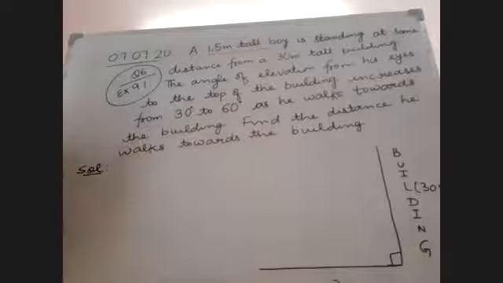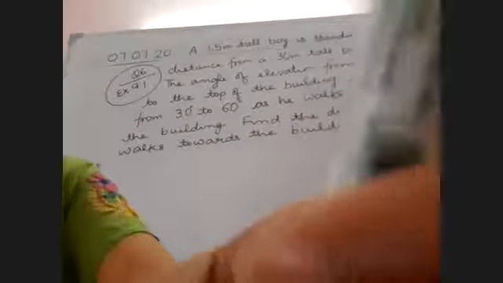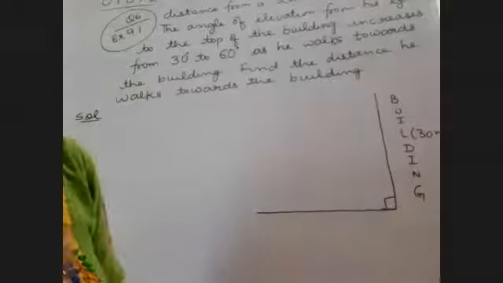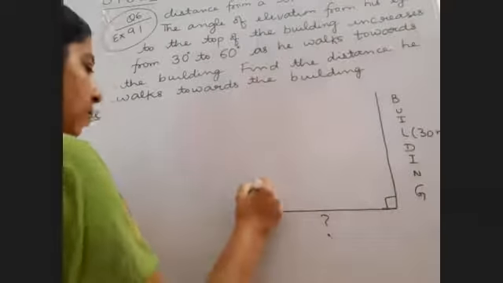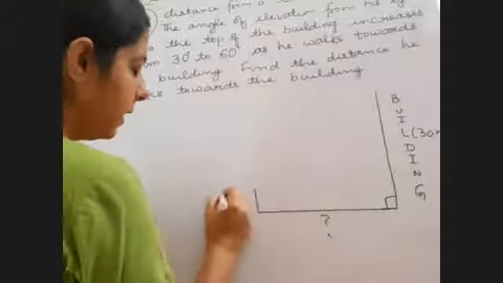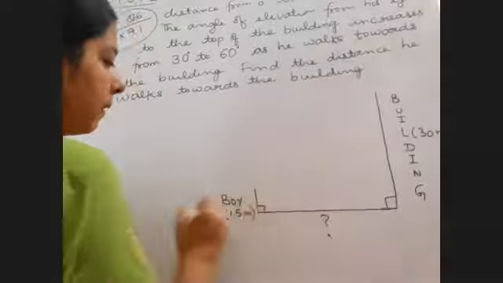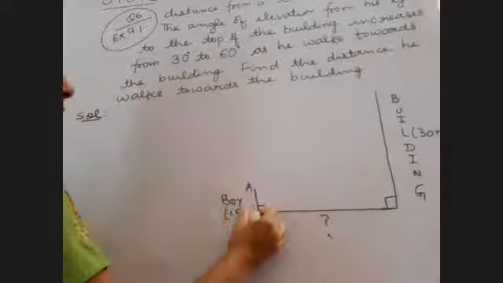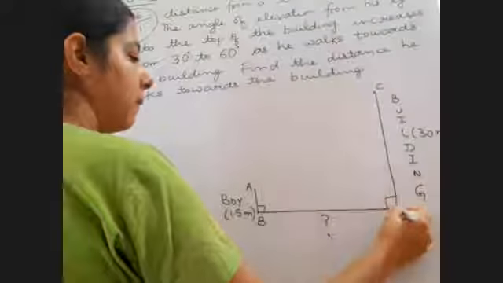I don't know what distance that is. So this is some distance, and a boy is there whose height is 1.5 meter. Let the name of the boy be AB, and the height of the building is CD.